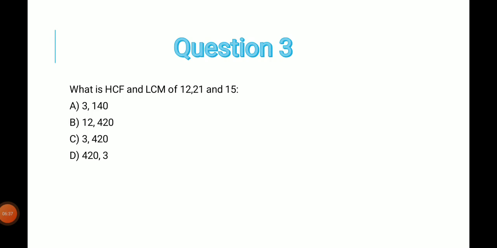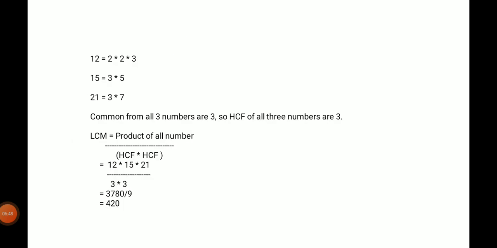If you factorize 12, you get 2 × 2 × 3. On factorizing 21 it is 3 × 7, and for 15 it is 3 × 5. So 3 is common in all these numbers, and the HCF is 3.